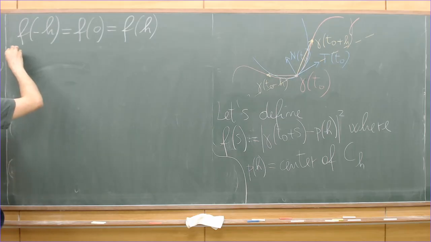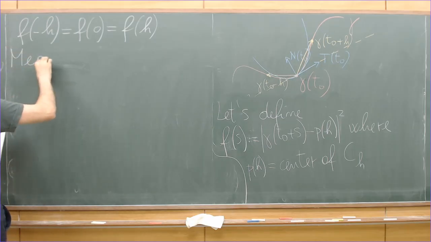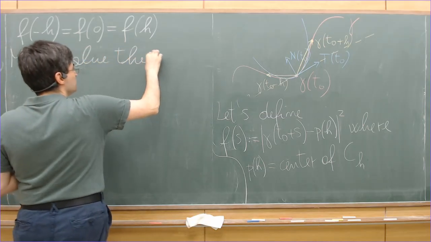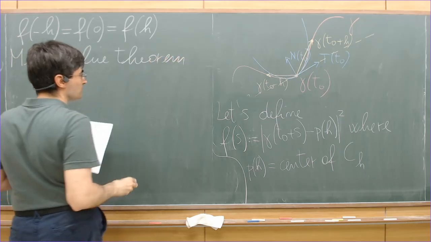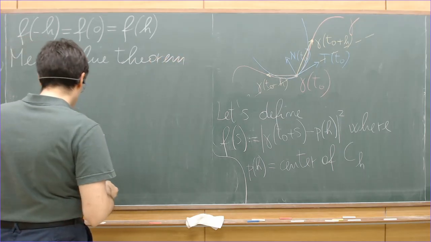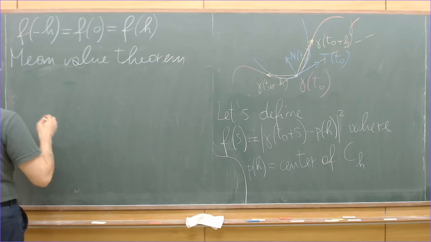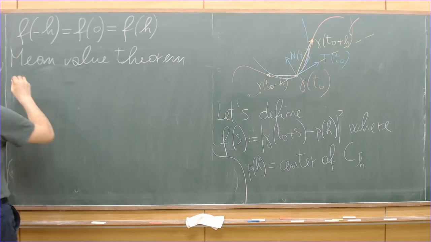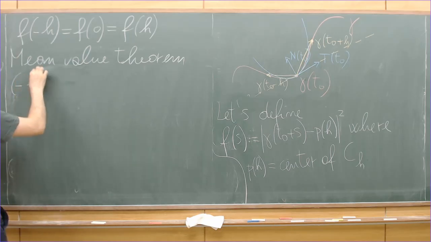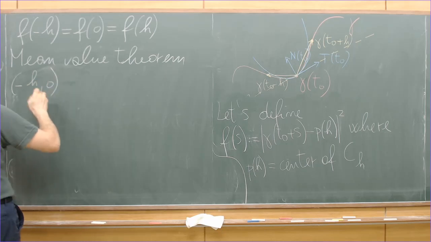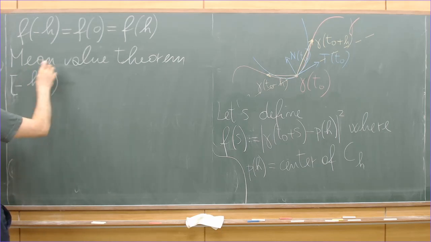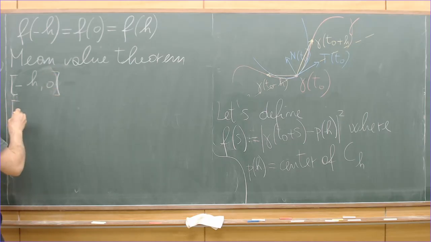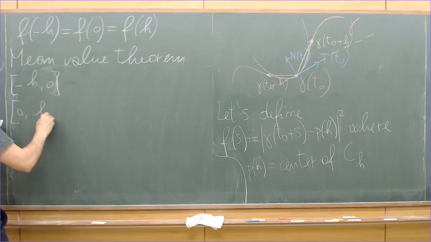Then we can use the mean value theorem. We will do this two times. The first time for the interval minus h, 0. The second time we will work on the interval 0, h.